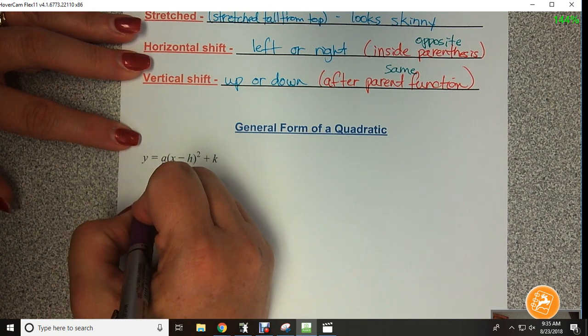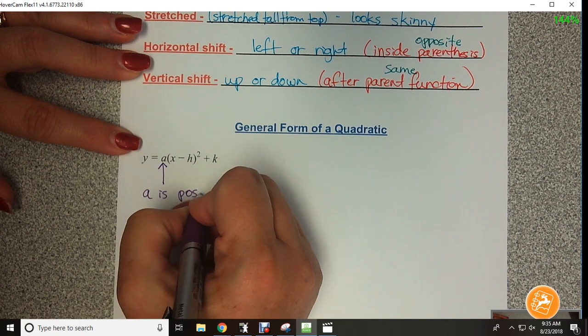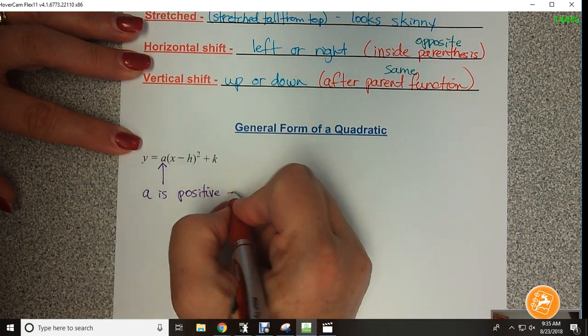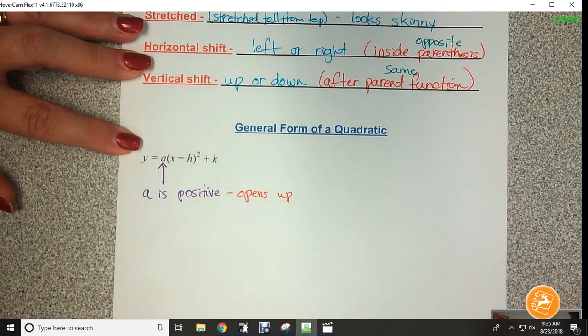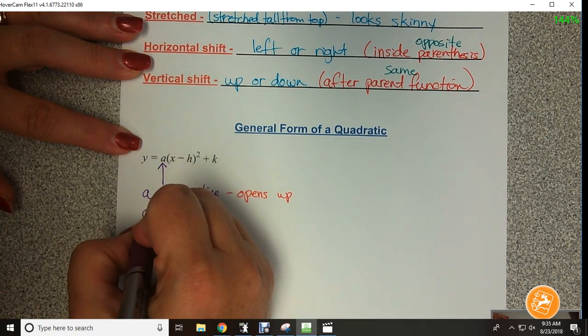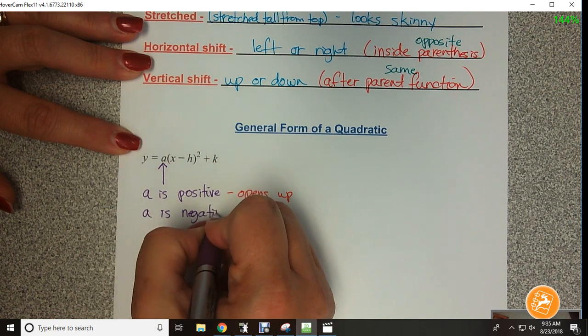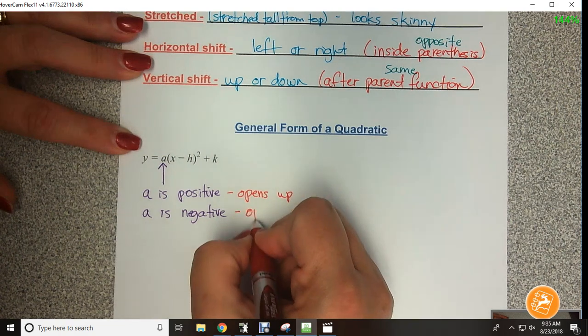If A is positive, it's going to open up. Which means it's going to look like a U shape. If A is negative, it is going to flip upside down and open down.